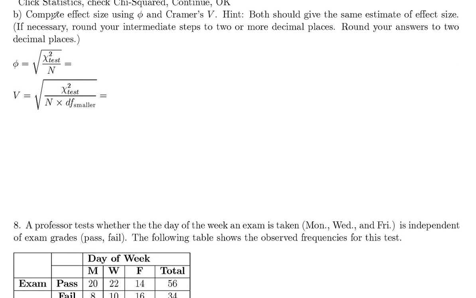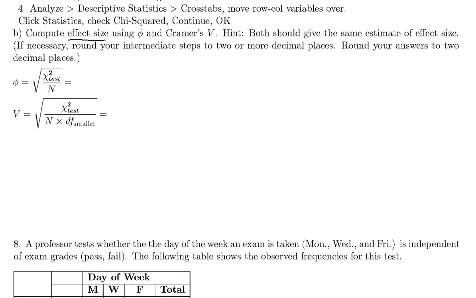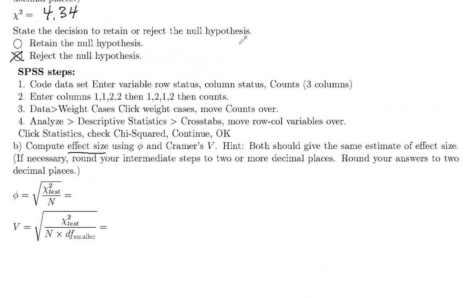In part B, they want us to compute the effect size using phi and then what's called Cramer's V. And they tell us that both should give the same effect size. So here are the formulas for phi and then Cramer's V. You put in the test statistic, divide by the total sample size, and take the square root. So remember, our test statistic here was the 4.34. So this is going to be the square root of 4.34.